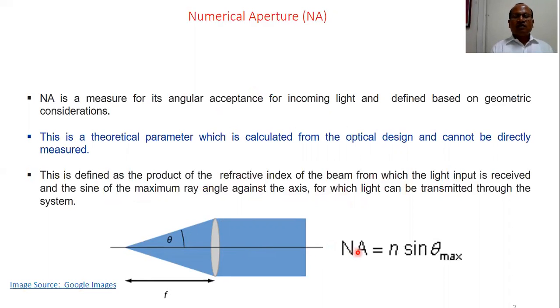Numerical aperture is defined as n into sine theta max, where what is n? n is the refractive index of the medium from where the light is entering. It is neither the refractive index of core nor of cladding.